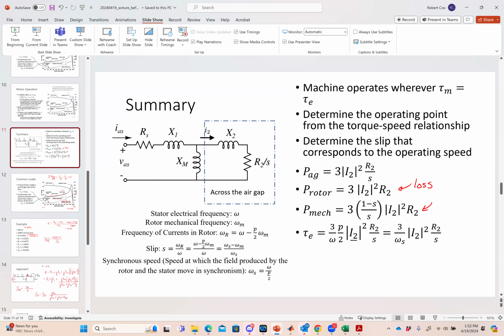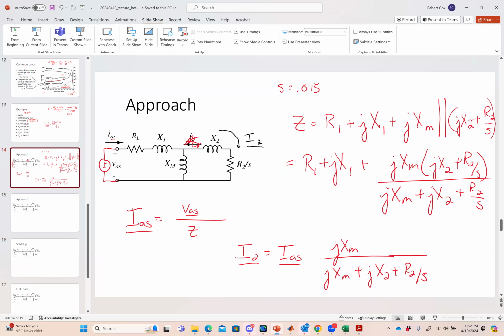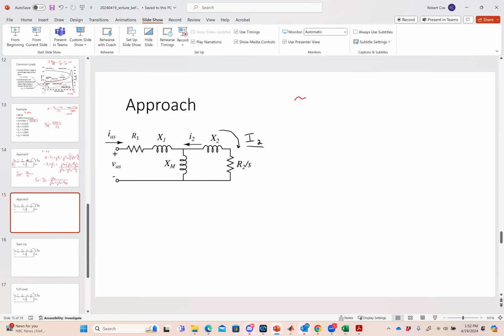So I calculate it by saying the torque is equal to 3 over whatever the synchronous speed is, times, I don't even remember, P over 2 times the magnitude of I2 squared times R2 over S. So I do it like that. Now, what would that end up being?